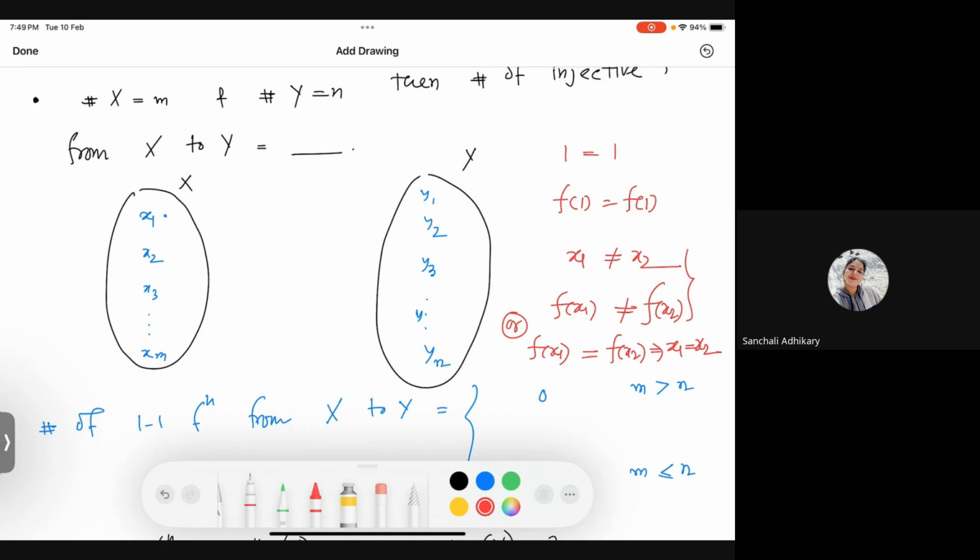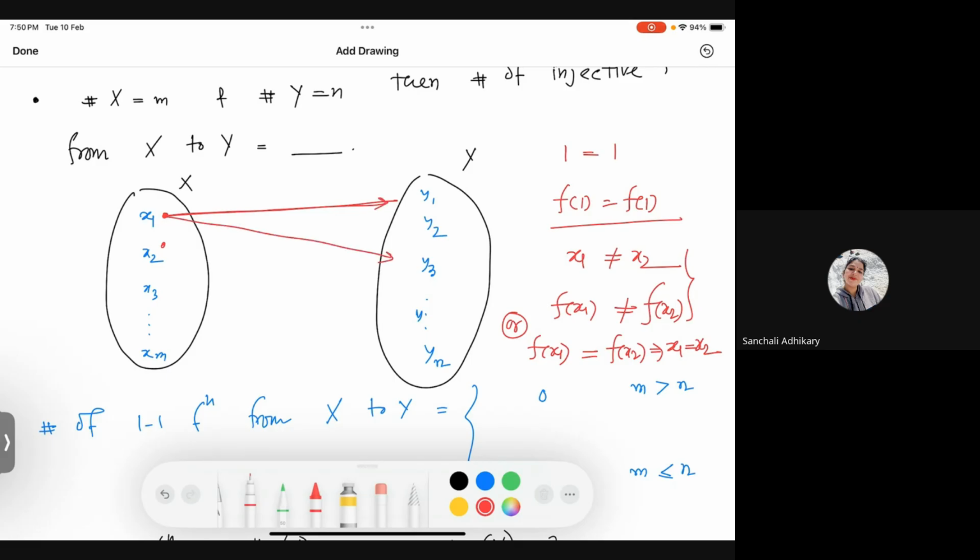If you have two distinct elements, then f of x1 cannot be equal to f of x2. It means f of x2 is another element which is not equal to f of x1. If you take x1 and x2 the same, then the image will be the same, because in a function every element has exactly one image.